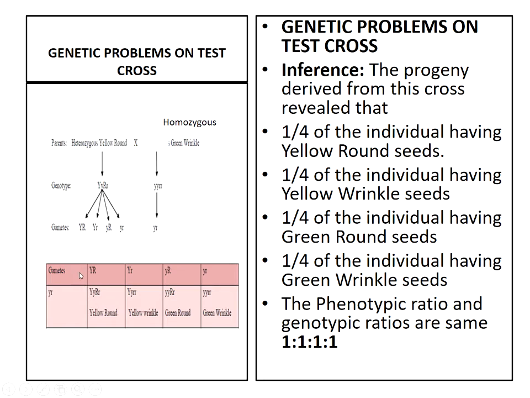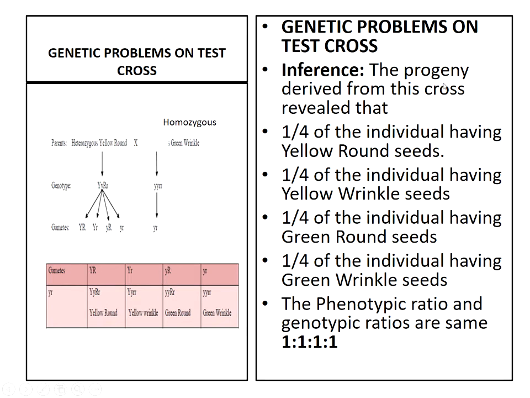Now let us write the gametes in the checkerboard, and finally we get the result: one yellow round, one yellow wrinkle, one green round, and one green wrinkle.